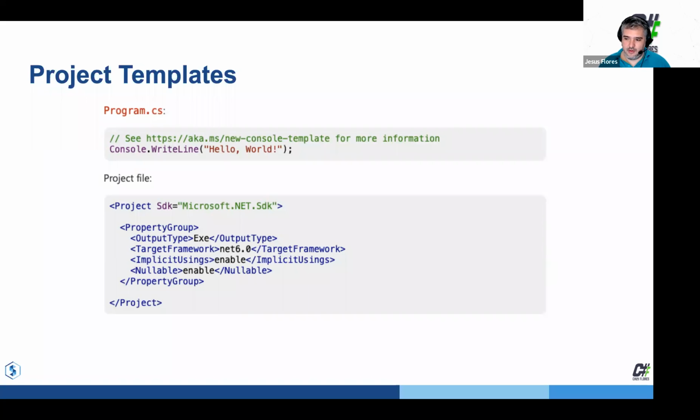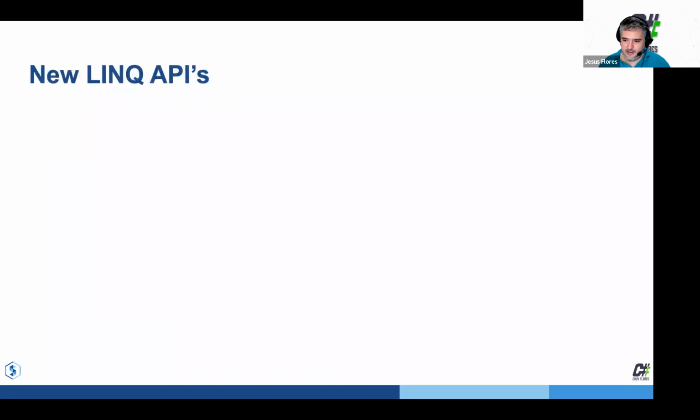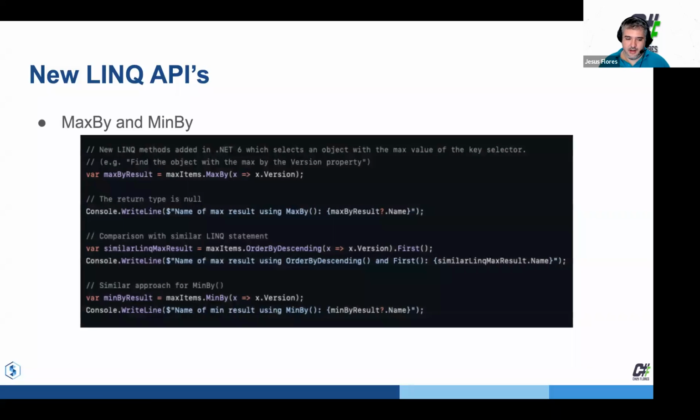I'm going to go next. One of the new features in .NET 6 is a bunch of new LINQ APIs. So the first one is MaxBy and MinBy. This is basically an order by descending or order by and then executing a first in LINQ.